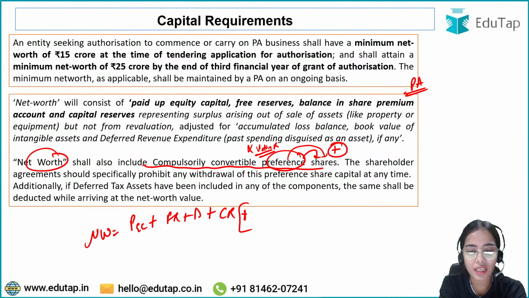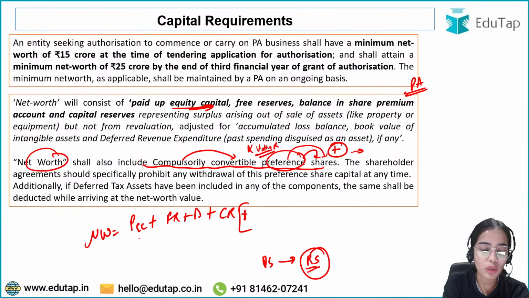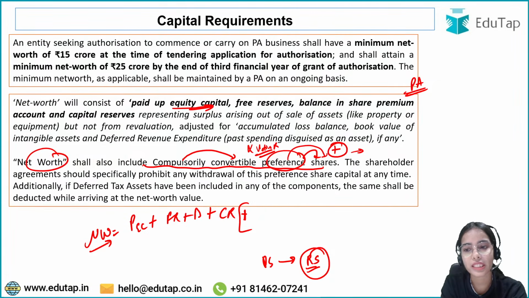Compulsorily convertible preference shares are preference shares that have to be converted into regular equity shares. They will also be included in the net worth for the payment aggregator.